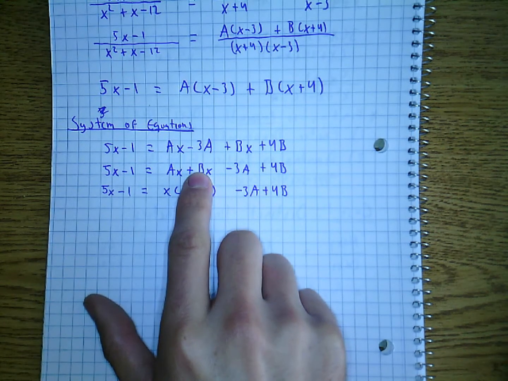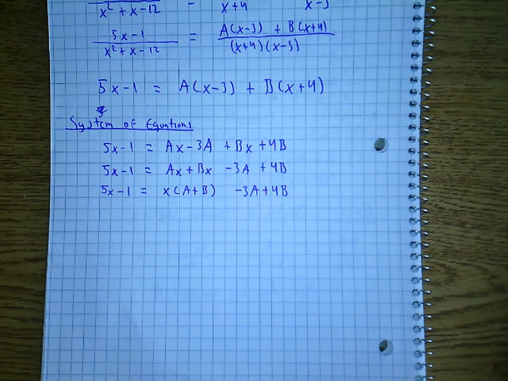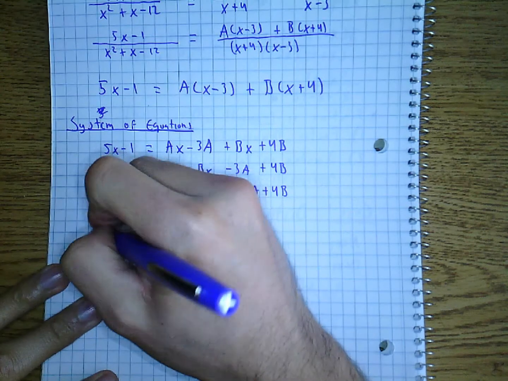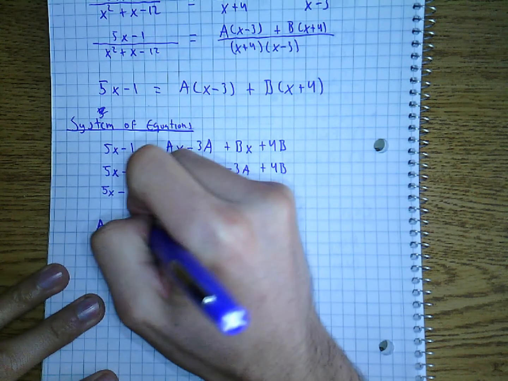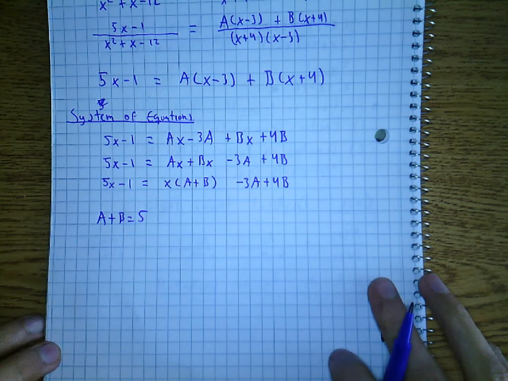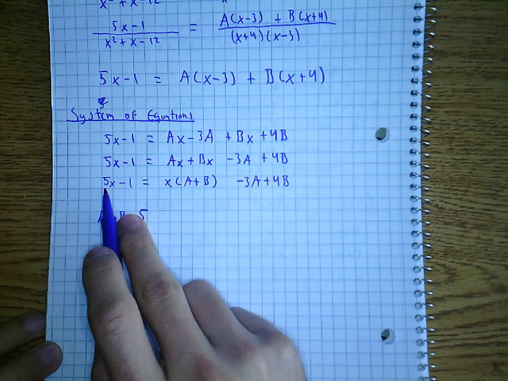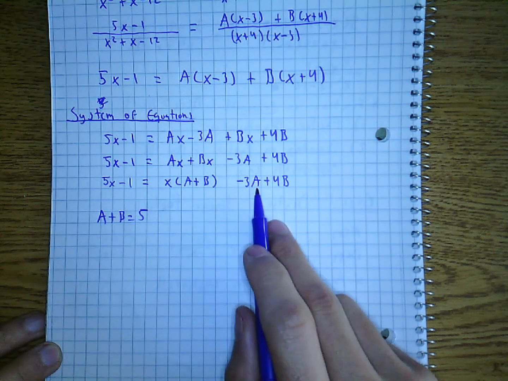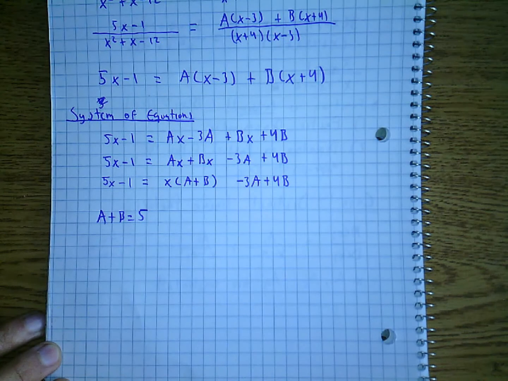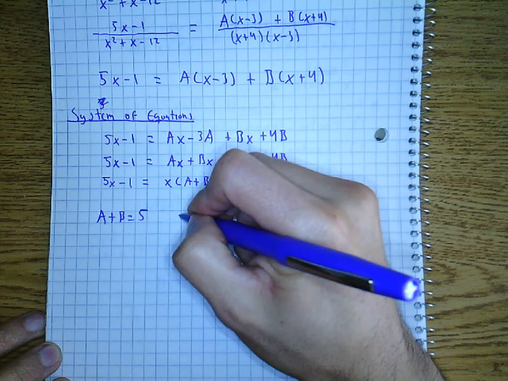So that's your first equation: A plus B should equal 5. Does anyone not understand why that is true? Okay, what about this negative 3A plus 4B? That's equal to negative 1. Good. So negative 3A plus 4B should be equal to negative 1.